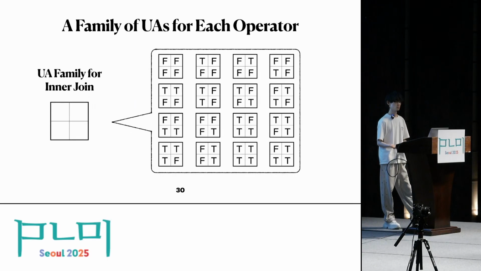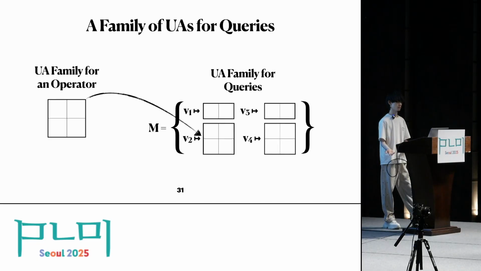This results in 2 to the 4th, which is 16 possible under-approximations, covering all possible join behaviors of interest. Then to define the family for queries, we combine the family for each AST node of the queries compositionally. In this way, each under-approximation in this family corresponds to a specific subset of query behaviors. With the defined family of under-approximations for queries, we are able to systematically explore different under-approximations using search.